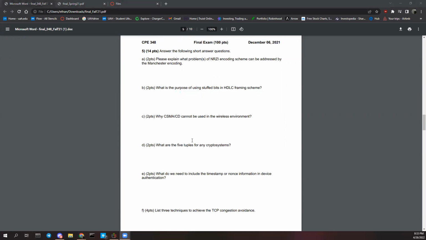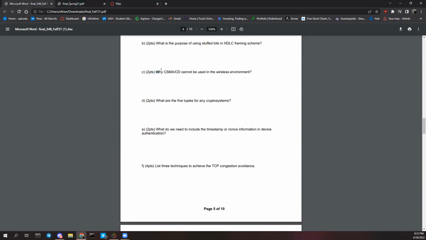Why can CSMA/CD not be used in a wireless environment? It can't be used in a wireless environment because collision detection fails. So let's think about the main problem with the 802.11 protocol, which is the hidden node problem. In a wireless environment, let's say I have a node here, a node here, and then a node over here.